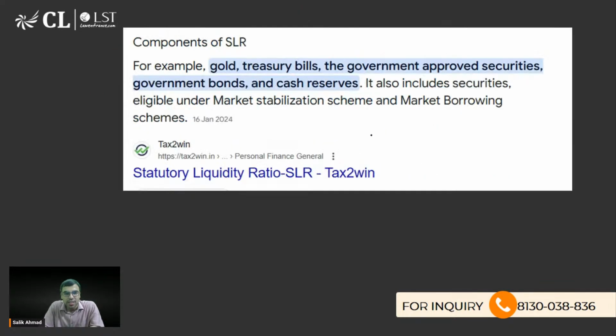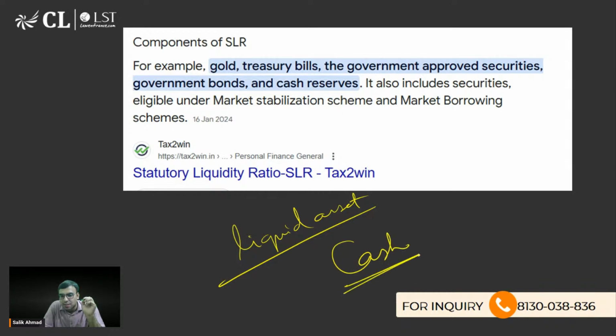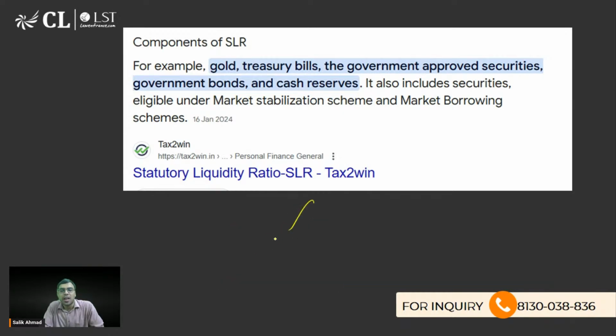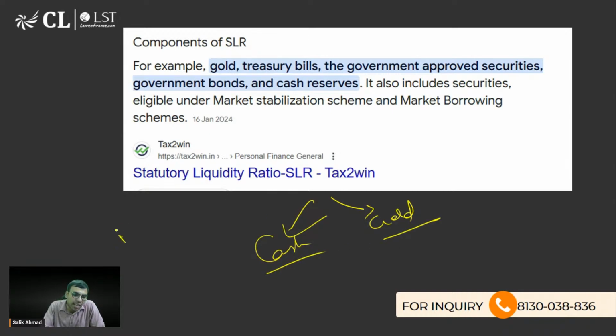I'll explain both. ठीक है, तो पहले मैं आपको बताता हूँ liquid asset क्या होता है. Liquid asset मतलब जो आसानी से spend किया जाता है. For example, the most liquid is cash. अगर आपके पास घर में कैश रखा है और गोल्ड रखा है, and you want to go and buy something, which will be more helpful, cash or gold? अगर आपको मान लीजिए 1000 का शर्ट खरीदना है, I'm just giving an example.